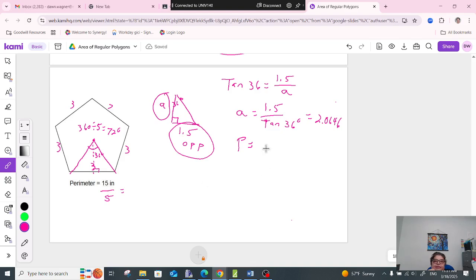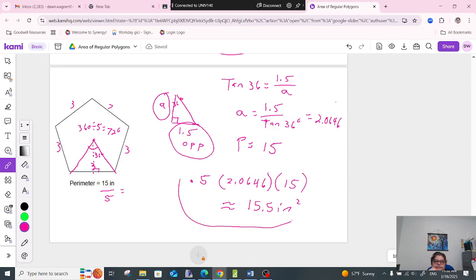It's just right here. 0.5 times 2.0646 times 15 gave us approximately, when we round it, 15.5 inches squared. Okay, so I gave you some practice.